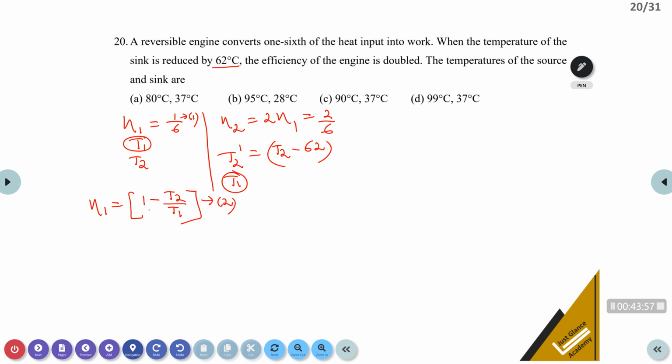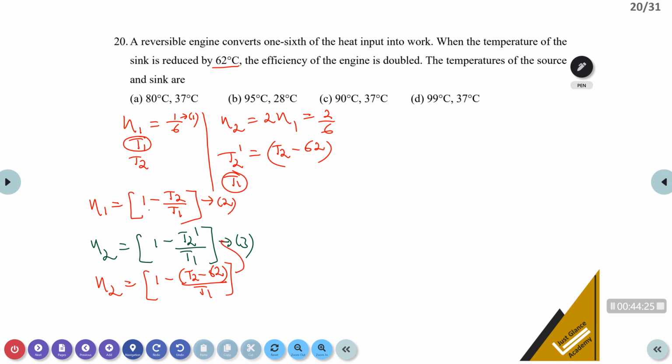Next, second time eta 2 equal to 1 minus T2 dash divided by T1. This is equation number 3. What is T2 dash? You know that. Equal to 1 minus T2 minus 62 divided by T1. That is equation number 3.